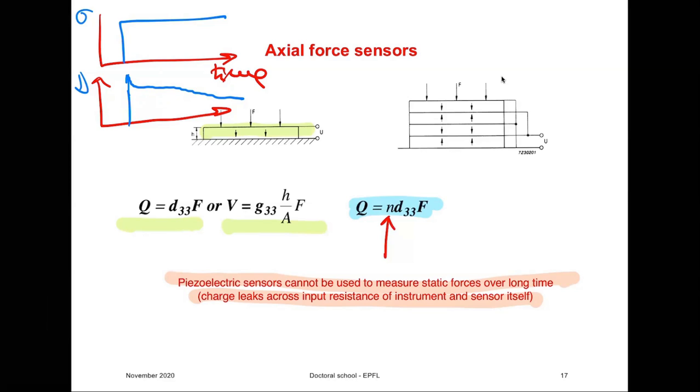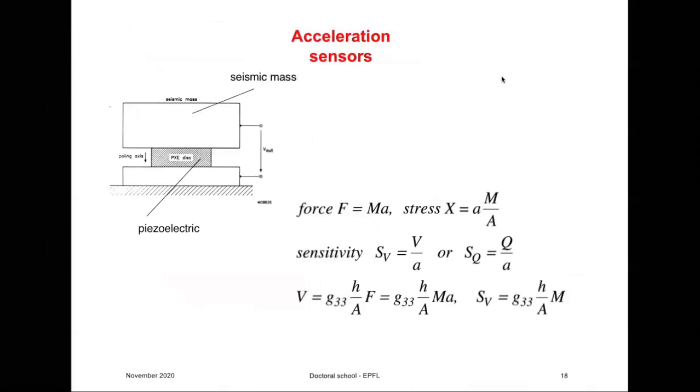You can easily measure it with the AC signal, and mostly these static forces are measured with the piezoresistive elements. Also some accelerometers and so on work on a piezoresistive effect, but they are, let's say, complementary rather than competing with each other for the same application, although there are some overlaps.